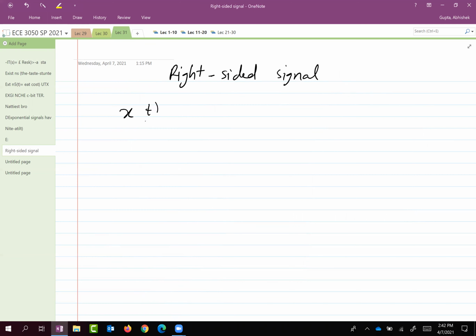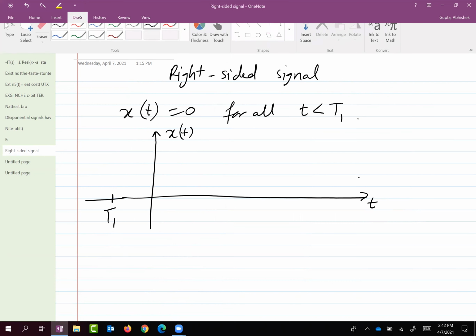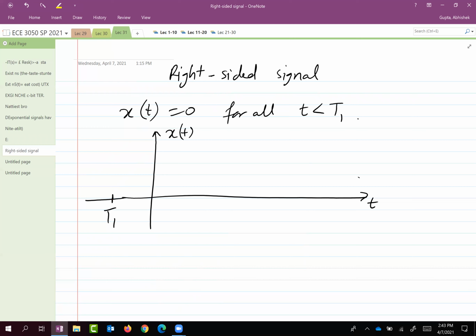So this is x of t equals 0 for all t less than some t1. So this would look like this: this is my t1, this is x of t, this is t, and the signal looks like this.